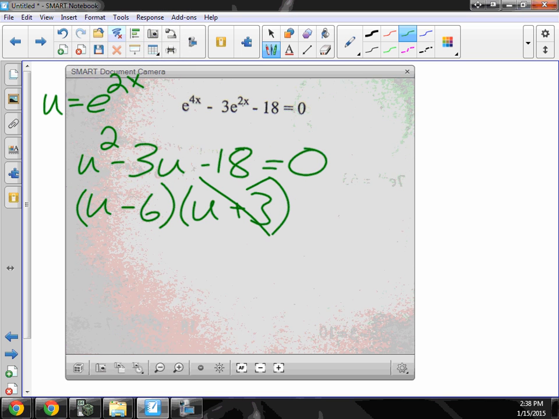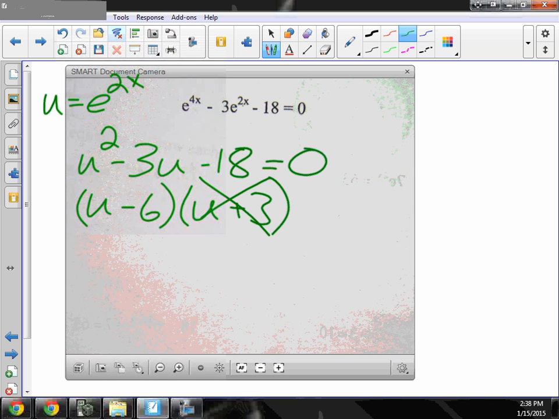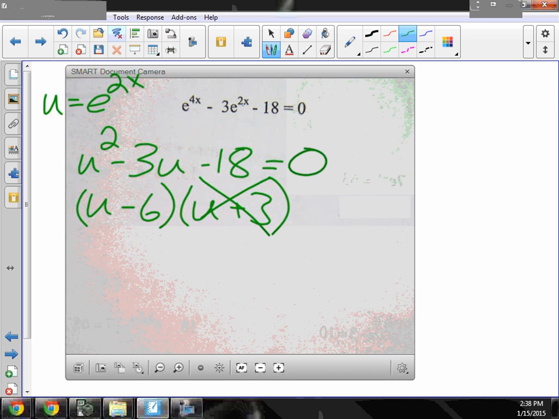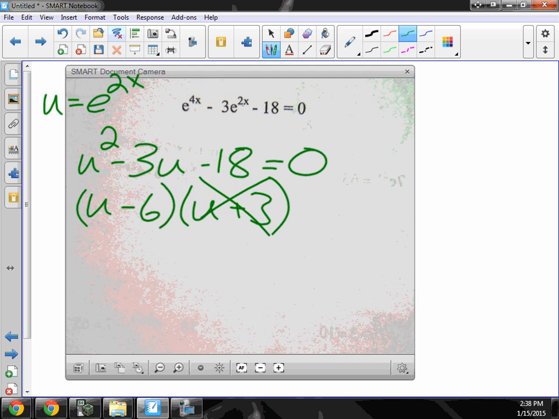No. So we can throw that one out. What if they're both going to be negative? Then it would be no solution. What if they're both positive? It just has 2 answers. So it depends on the quadratic. If the quadratic has 2 negative answers, there's no solution to that problem. If the quadratic has 2 positive answers, then there are 2.